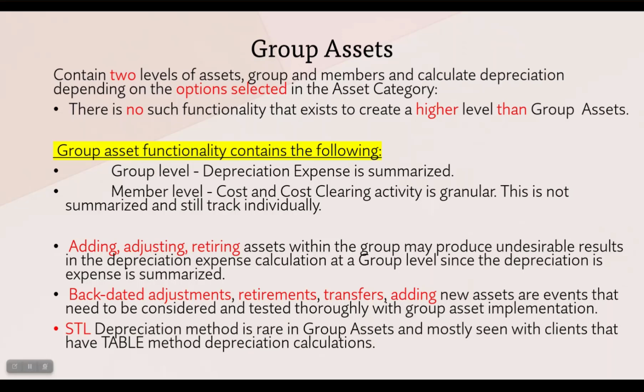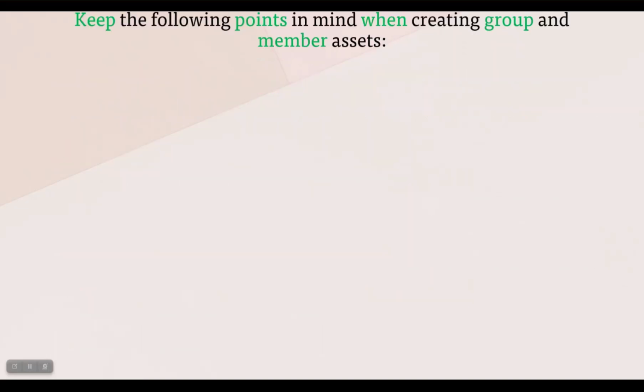Straight line depreciation method is rare in group assets and mostly seen with clients that have table method depreciation calculations. You have to keep the following points in mind when creating group and member assets. Capitalized and CIP assets can be members of a group asset if they belong to the same corporate book.